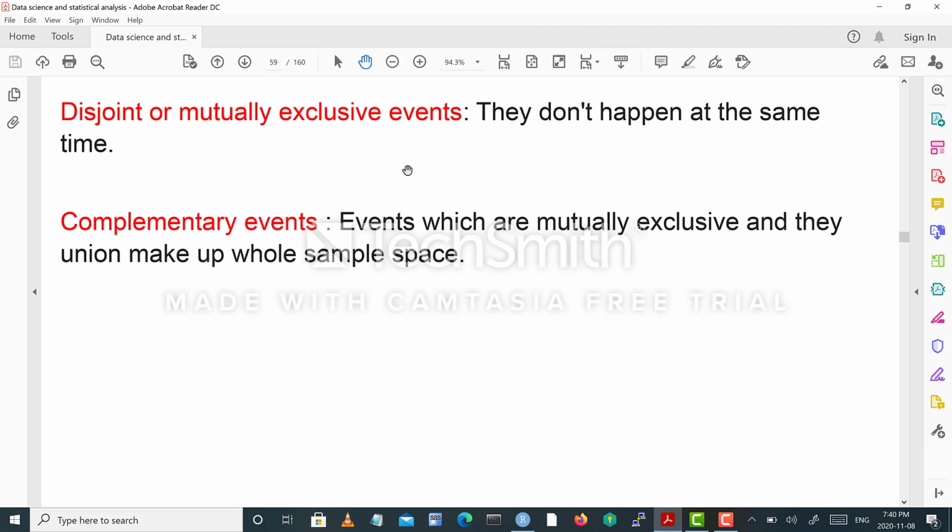Disjoint or mutually exclusive events don't happen at the same time. Complementary events are events which are mutually exclusive and whose union makes up the whole sample space.